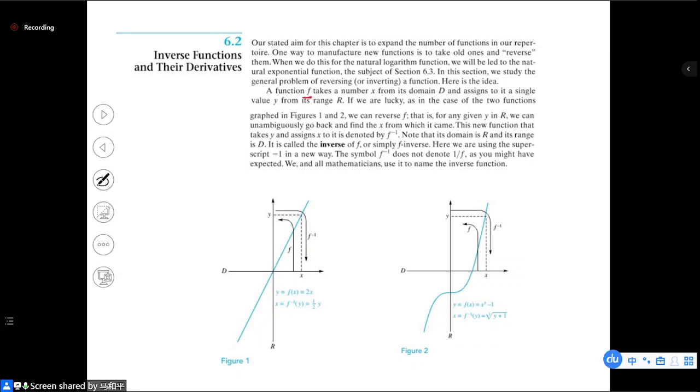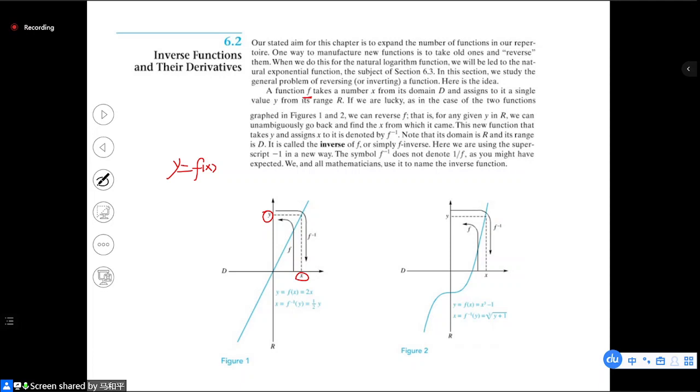A function f takes a number x from its domain D and assigns to it a single value y from its range R. We can regard f like a machine. We input x and output y.